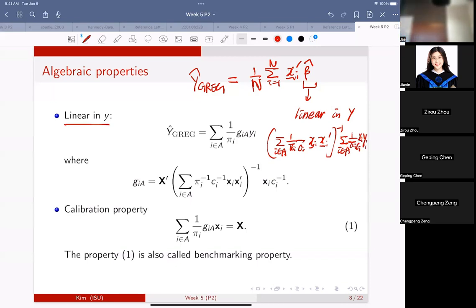So I can put everything into here and call it g, and g_i is this. And this g_i satisfies this property. Why?